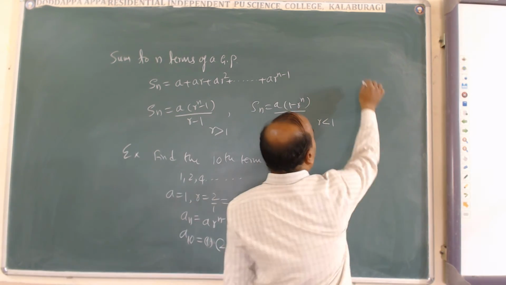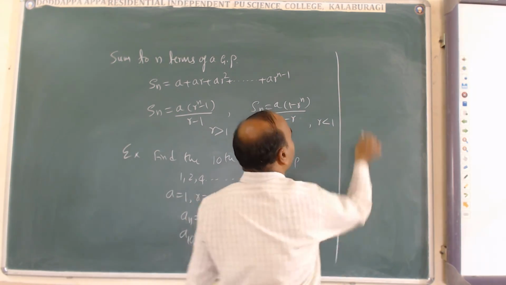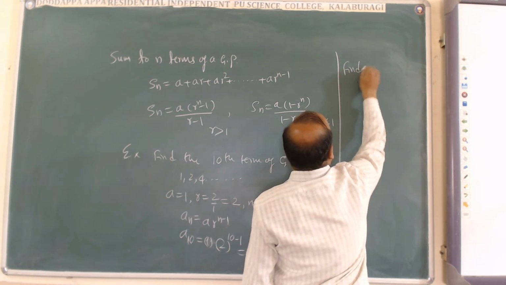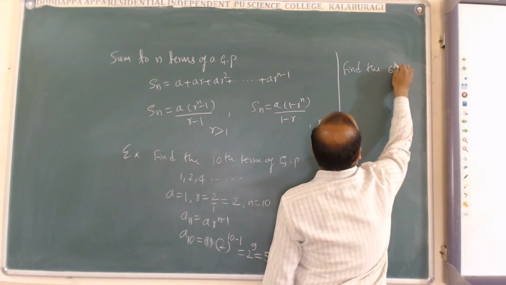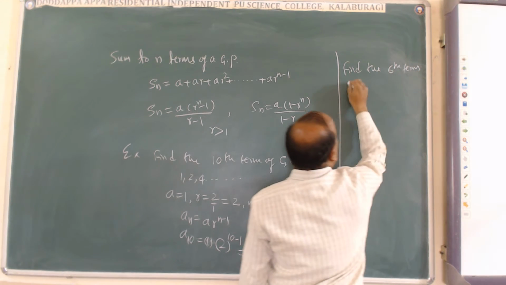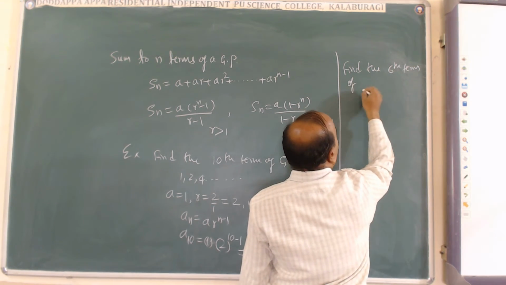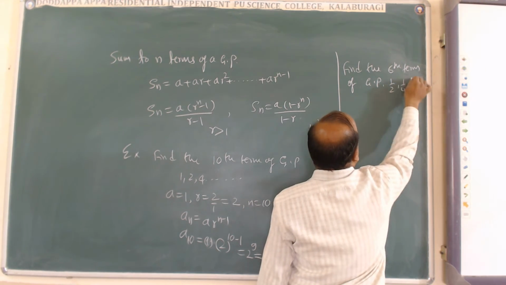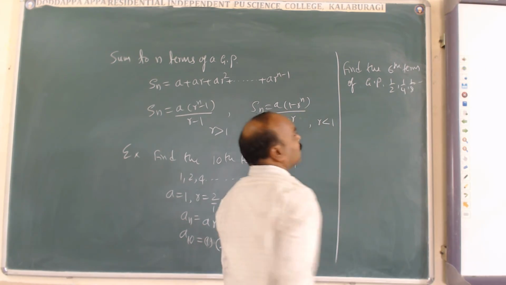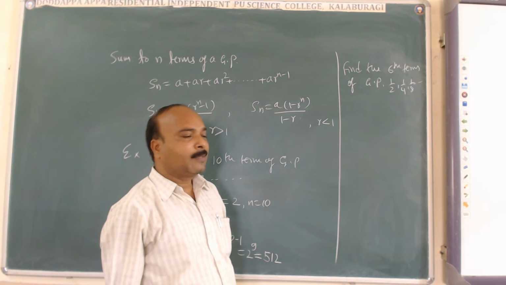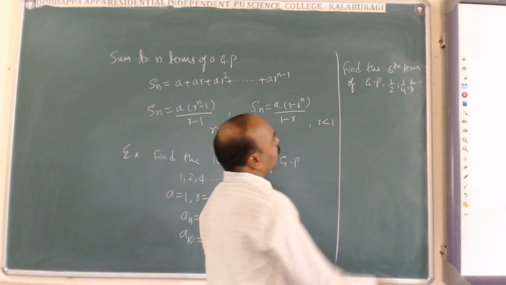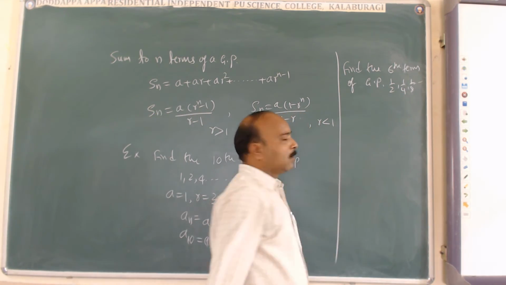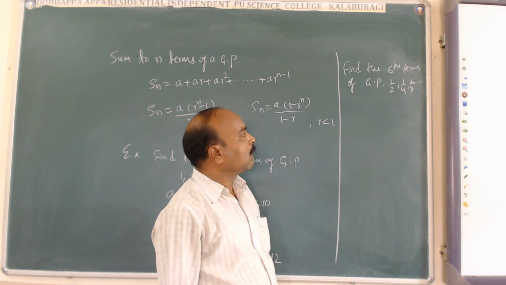Next one, we go for another example. Find the sixth term of the GP 1 by 2, 1 by 4, 1 by 8, and so on. It is a geometric progression, because if you observe a2 by a1, you get 1 by 2.